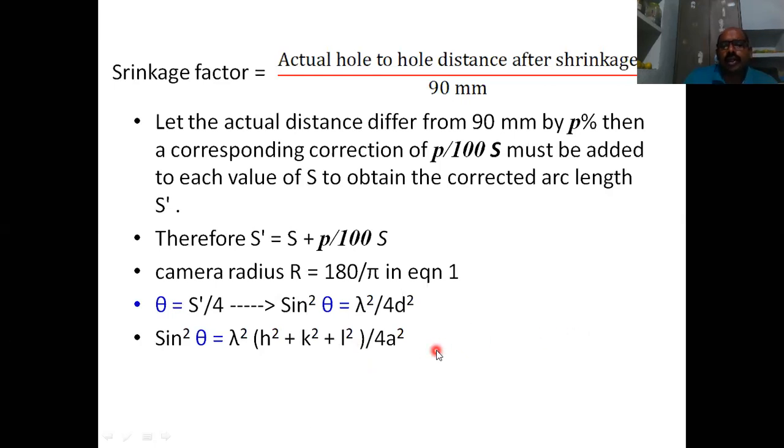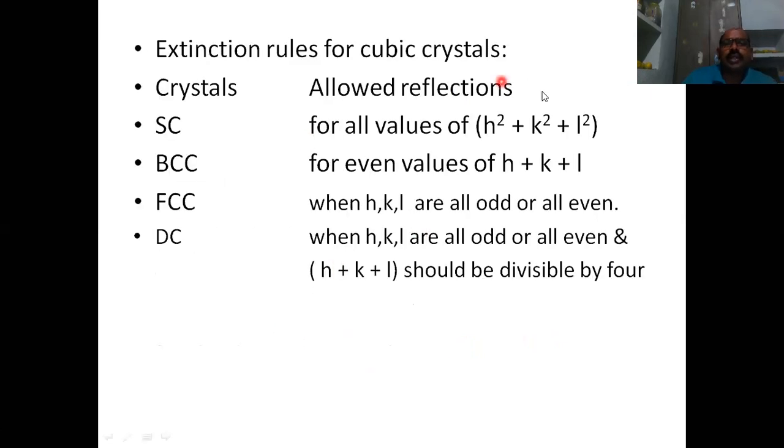According to the sequence of those ratios, we come to know which type of crystal it is or which type of Bravais lattice exists. There are certain rules here, extinction rules, to know which type of crystal it is.